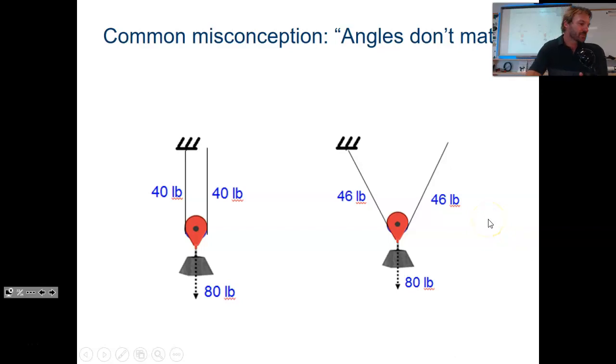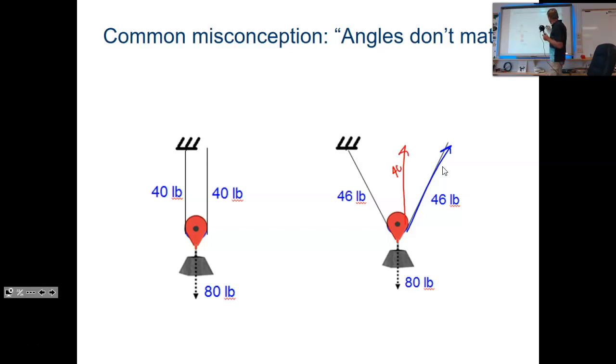Some common misconceptions with pulleys. It does matter, like the angles. Back to physics, when we talk about vectors, if this thing's pulling at 46 pounds, what it really means is it's pulling up at 40 and over this way at like, I think, 22. That would be, using the Pythagorean theorem, a squared plus b squared equals c squared.